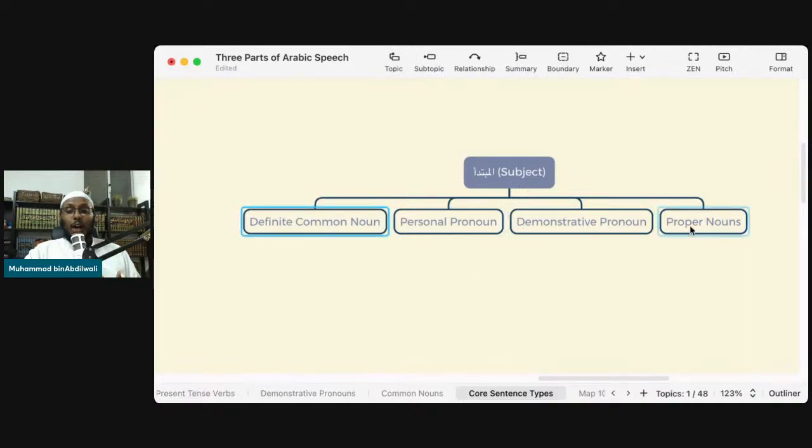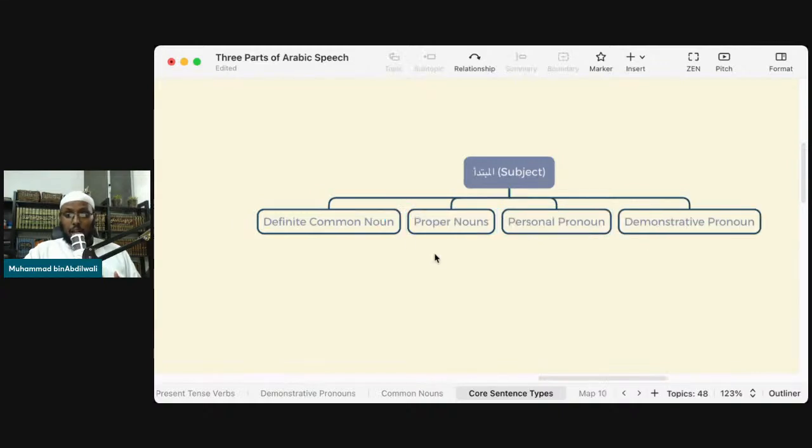Now, when I say common noun, it's because nouns, right, can be one of two things. They can either be a common noun or a proper noun. What's the difference? It's a difference between a flower and Fatima. What's the difference between flower and Fatima? The difference is that a flower, you don't know which flower I'm talking about. It could be any flower. It's a common noun.